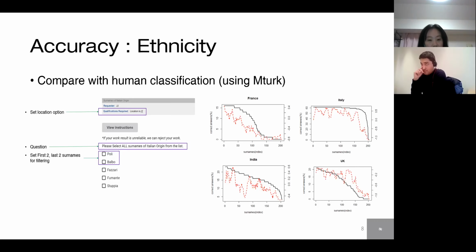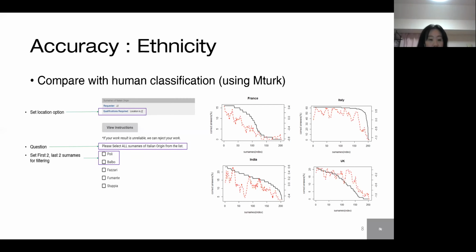For this purpose, we used mTurk. We picked data on several countries that could be investigated in mTurk, and people living in the area were asked if the name is derived from the area.